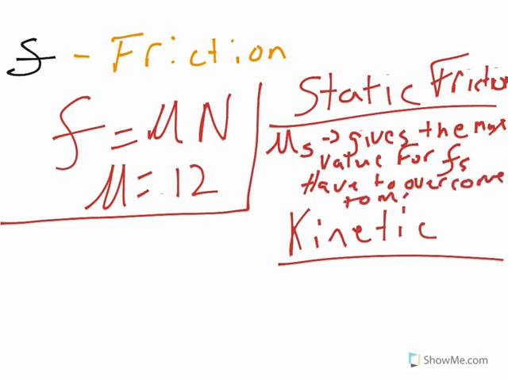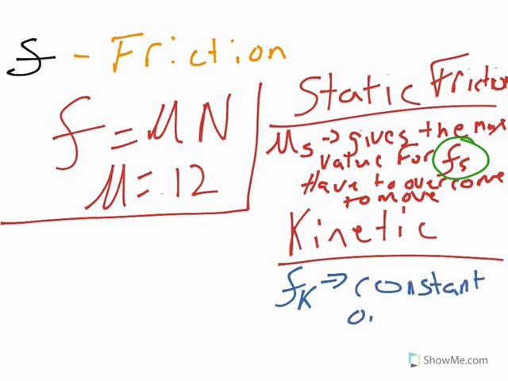So in order to move at all, you've got to overcome the static friction force from the formula when you plug in mu s times the normal force. Once you move, you are now governed by kinetic friction. And kinetic friction is going to be constant once you're moving. Okay.